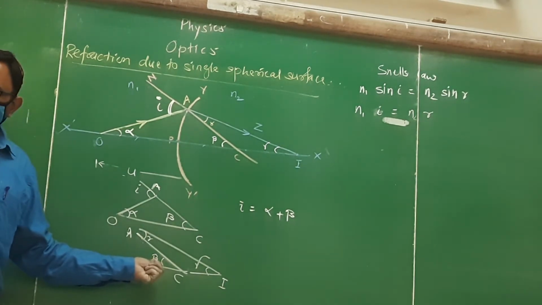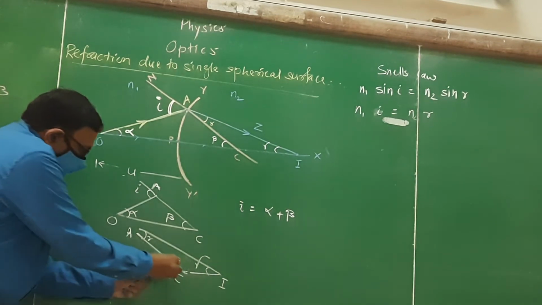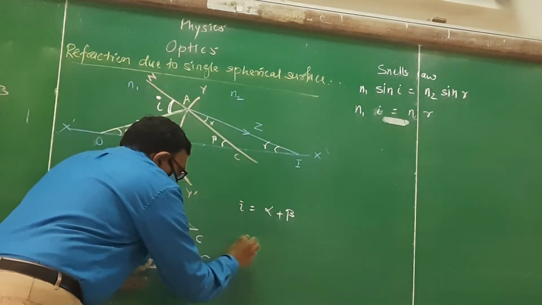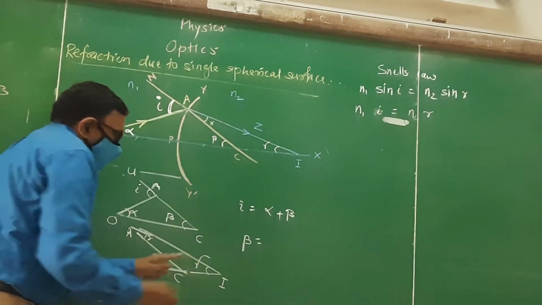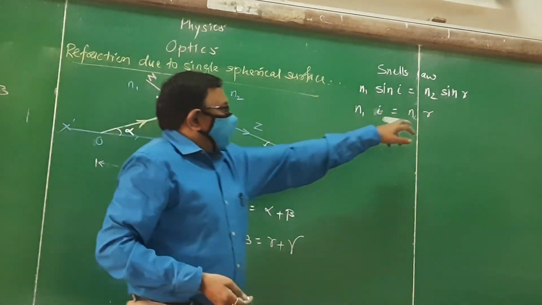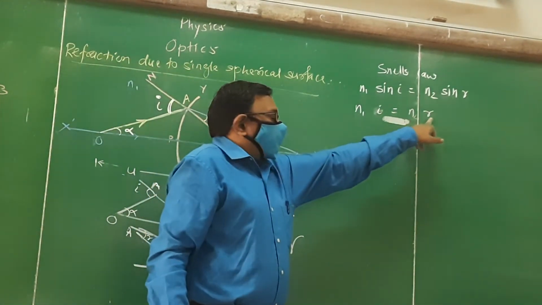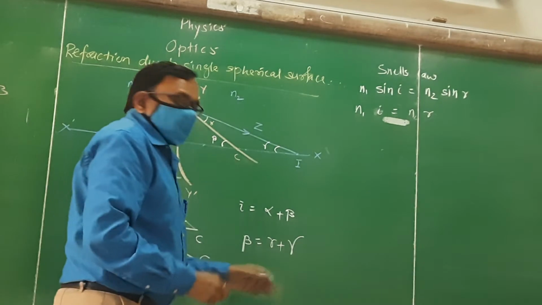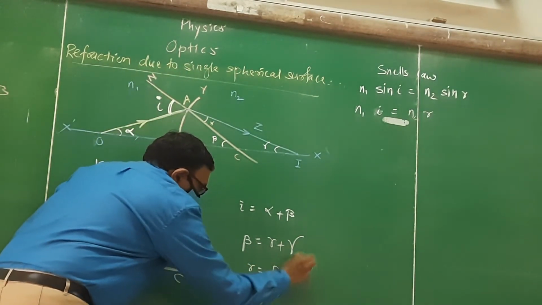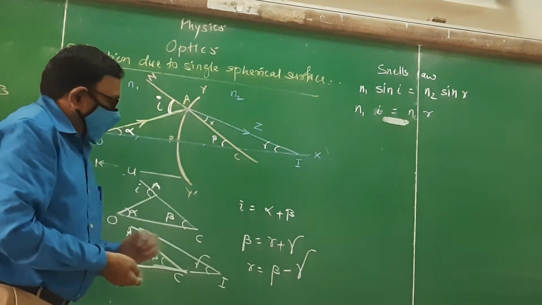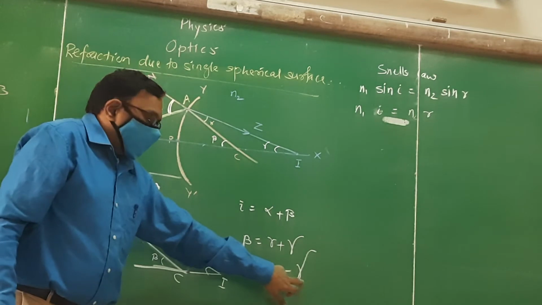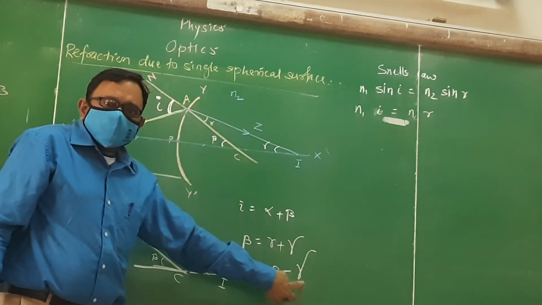Beta is the exterior angle. Beta is equal to R plus gamma. But in the equation we require R. We transfer this: R is equal to beta minus gamma. In your case, it is directly given. R is equal to beta minus gamma. Understand about this?